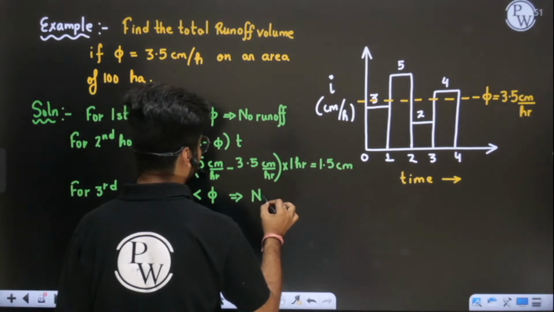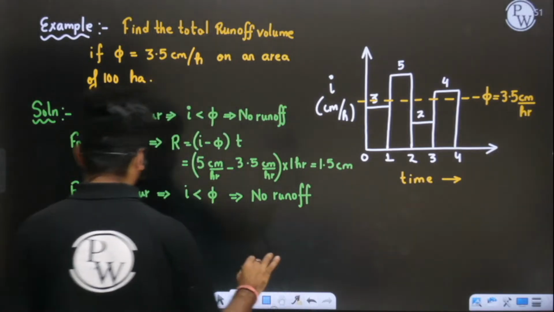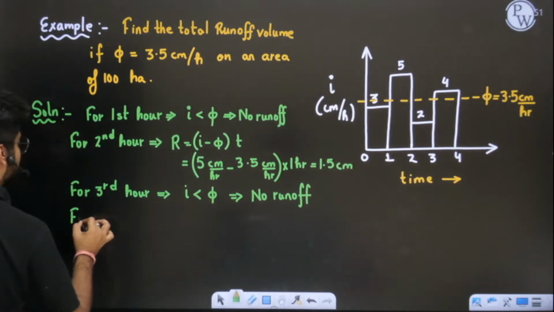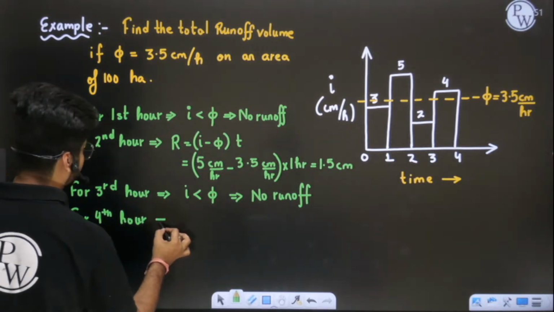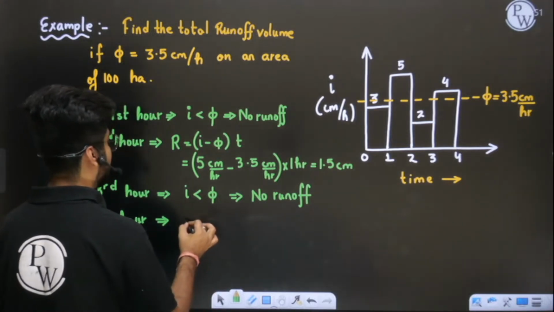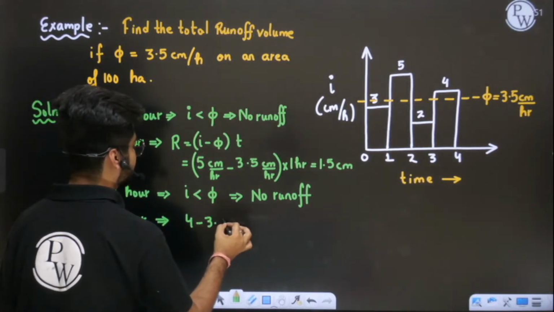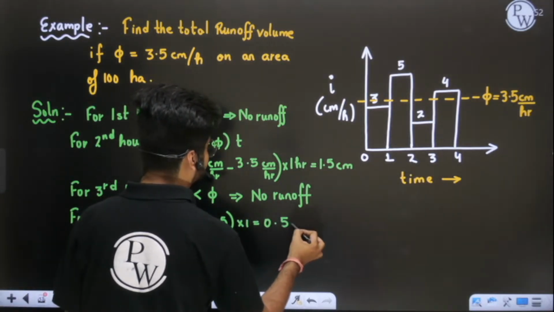And similarly for the fourth hour: 4 minus 3.5, into 1. So this will be 0.5 centimeter.